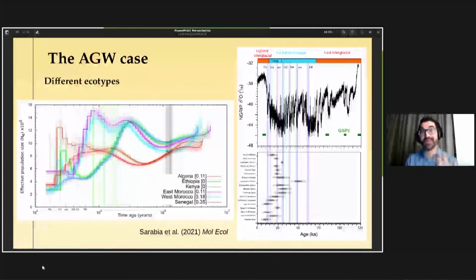Today they still come from a single species, because the lineages and groups of the wolf, which are distributed across the entire north of the continent, are still mixing with each other. But as you can see here, these green lines represent the moments of green Sahara, in which we have a savanna, and these blue lines represent the moments in which we have a hyper-arid desert in the Sahara.